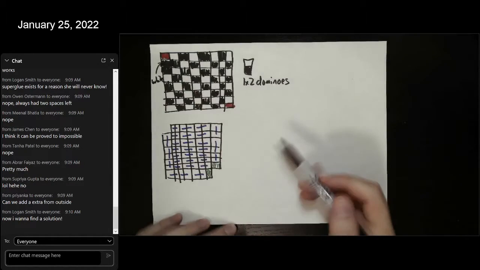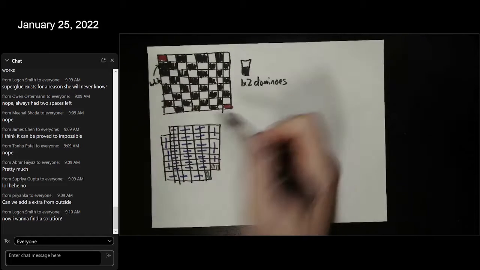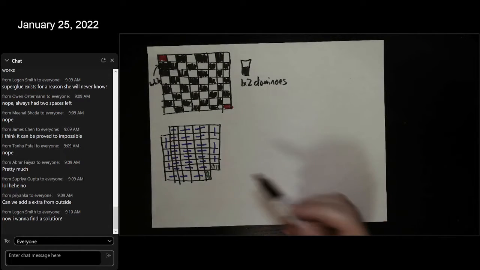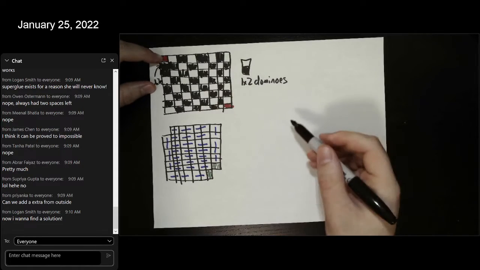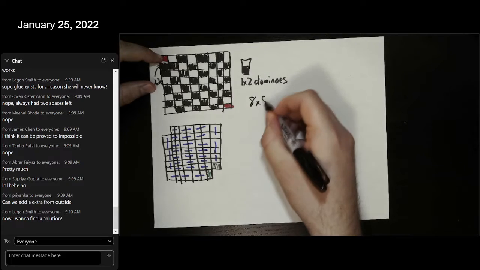But if I look at this board, when I cut out the two opposing corners, those two corners were both black.